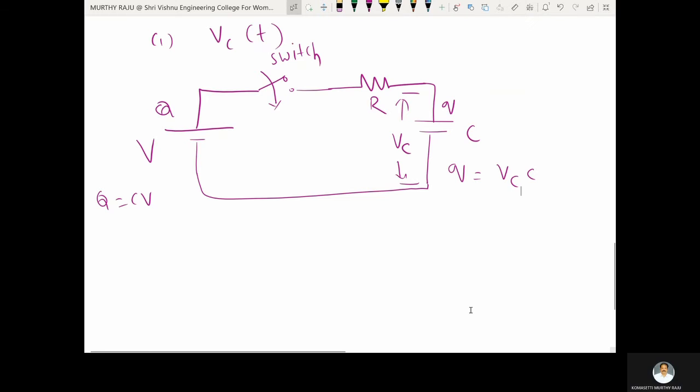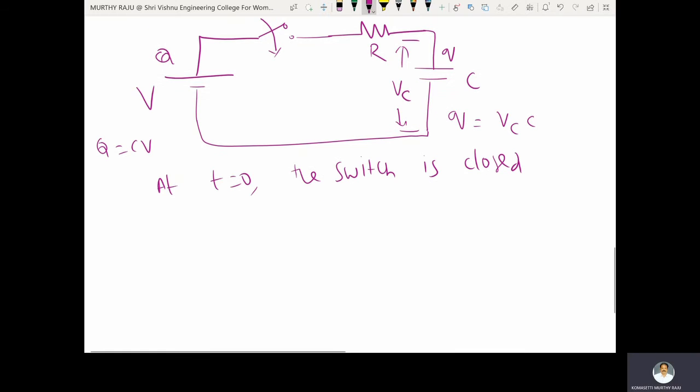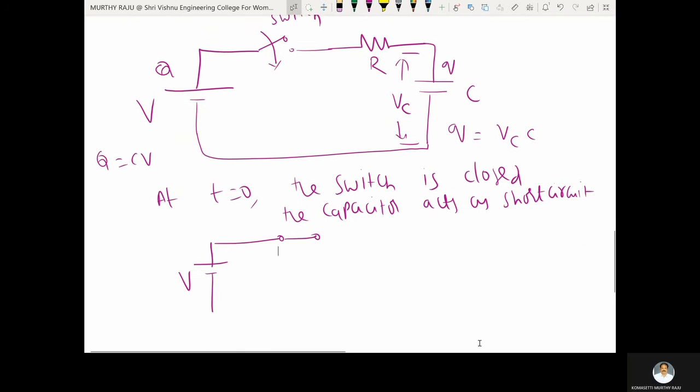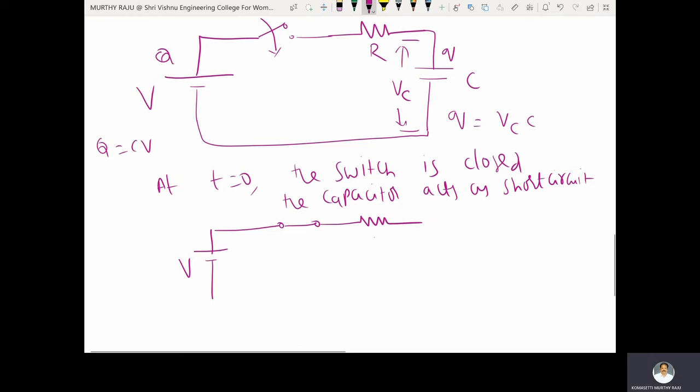Suddenly the switch closes. At that instant of time, the capacitor's initial condition is that it acts as a short circuit. At t equal to 0, the switch S is closed. This is the resistance. The capacitor acts as a short circuit because initially the capacitor is uncharged.